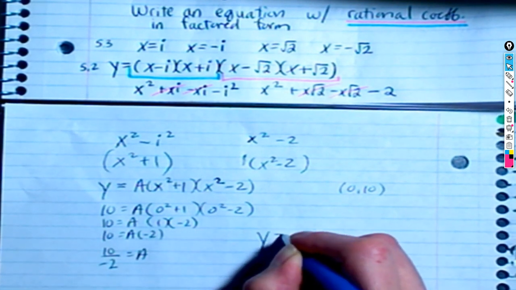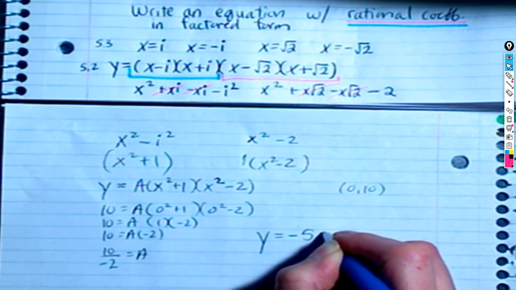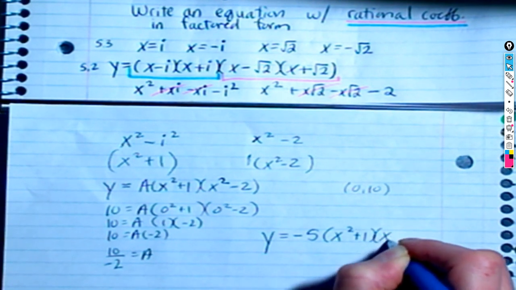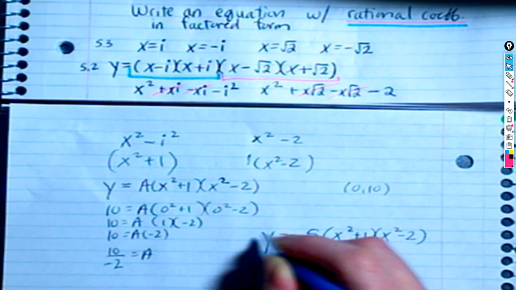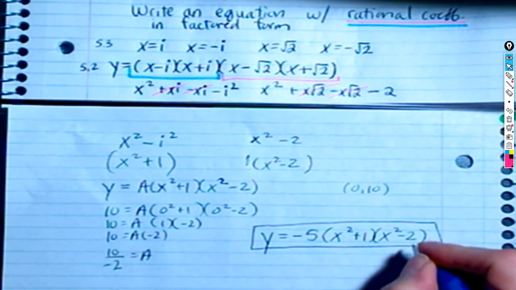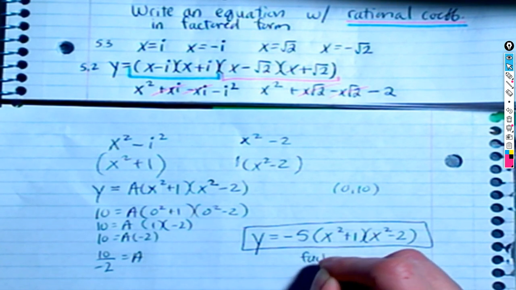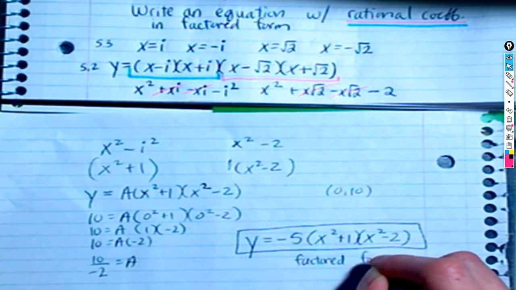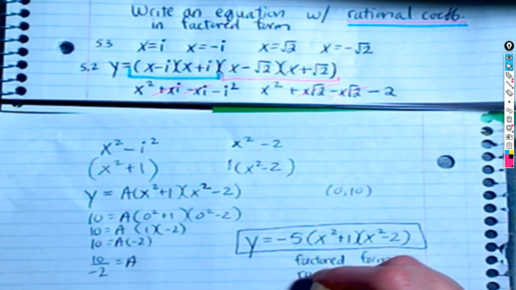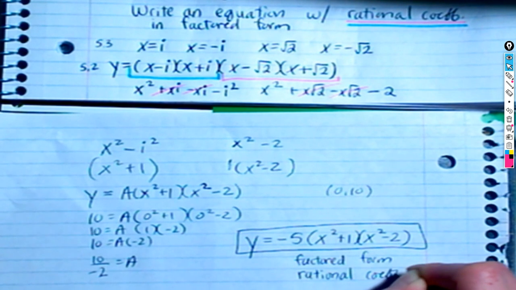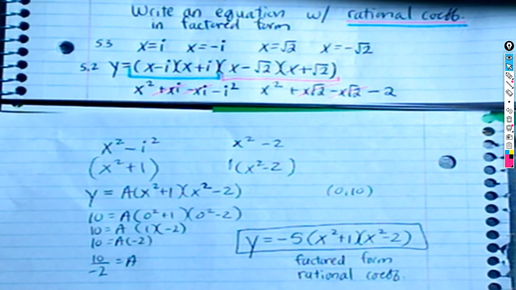All right, y equals negative 5, x squared plus 1, x squared minus 2. This has factored form. They're just two quadratic factors, and I look at my coefficients, and they're rational coefficients.